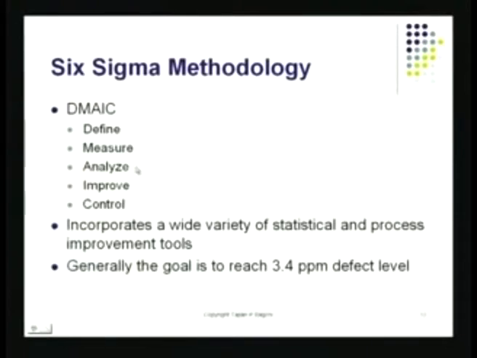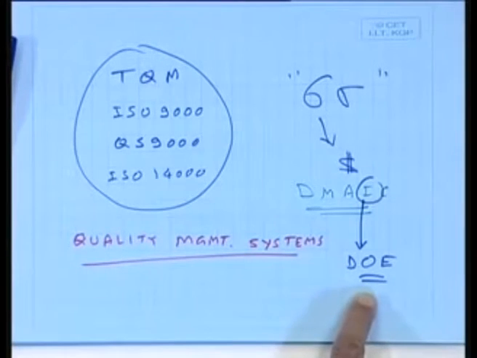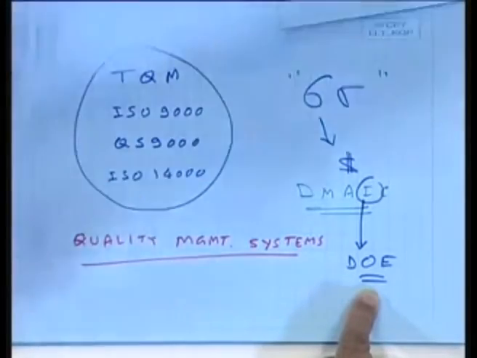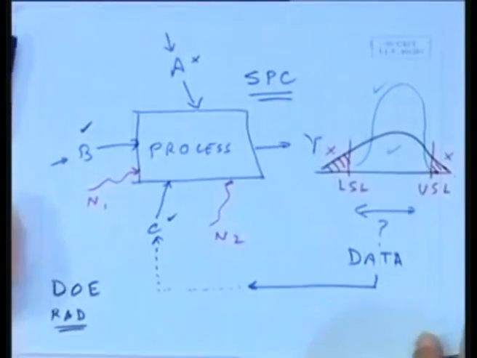Once I've analyzed and I've figured out that certain factors might be causing the problem, you then get into problem solving and improvement. And the big tool that is used with improvement is DOE, design of experiments, which I mentioned. If you go back to my slide here, I mentioned DOE, design of experiments. That is a very, very powerful method. What it really does is, it looks at a process which might look pretty complicated.